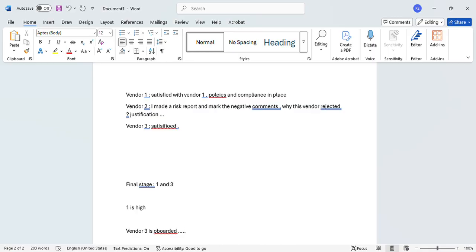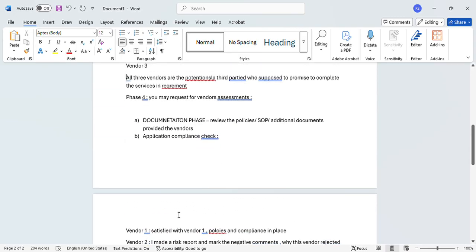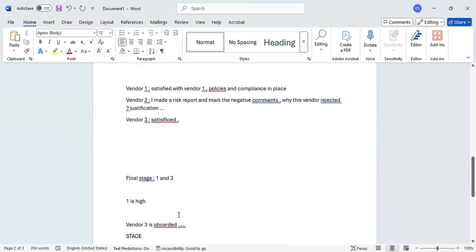Okay, after this vendor number 3 is onboarded, what is the next stage number we need to mention here? Stage number 5. Because the vendor has onboarded, stage number 5 is the DD check. What is a DD check?